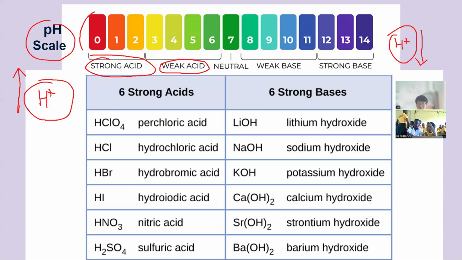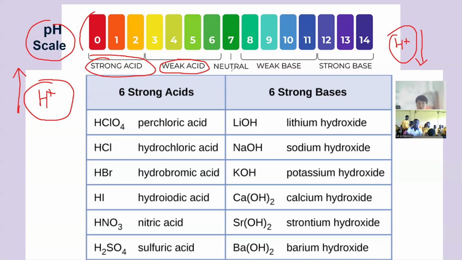Then we have weak acids. They partially dissociate. So it has this range of pH, still below neutral, because acids give off hydrogen, but it's weaker than the strong acids. It has higher pH than strong acid.